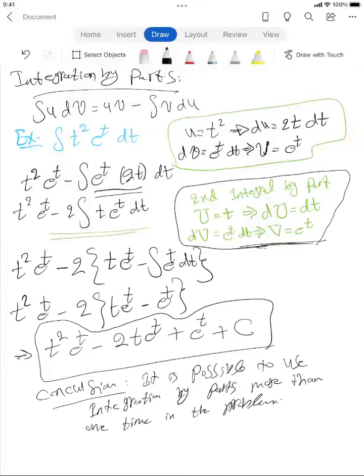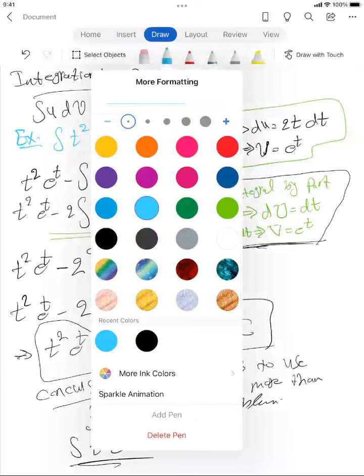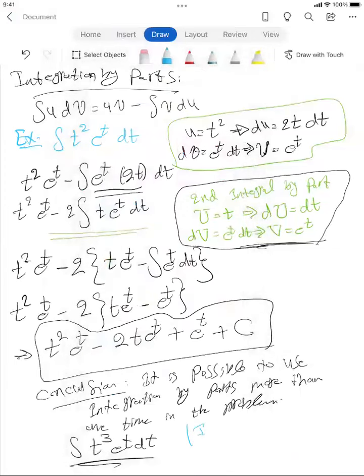So for example, if I had an integral of the form t cubed e to the t dt, then it makes sense that I will use integration by parts 3 times. So this would need integration by parts 3 times.